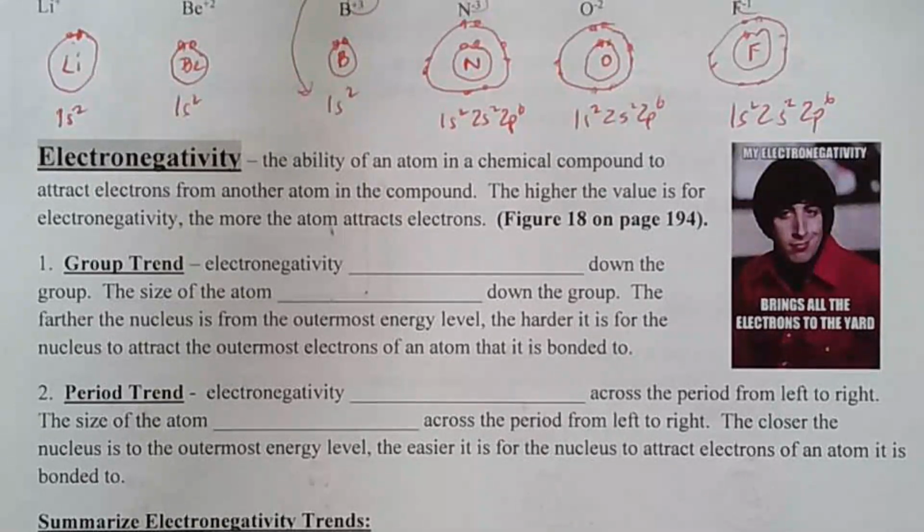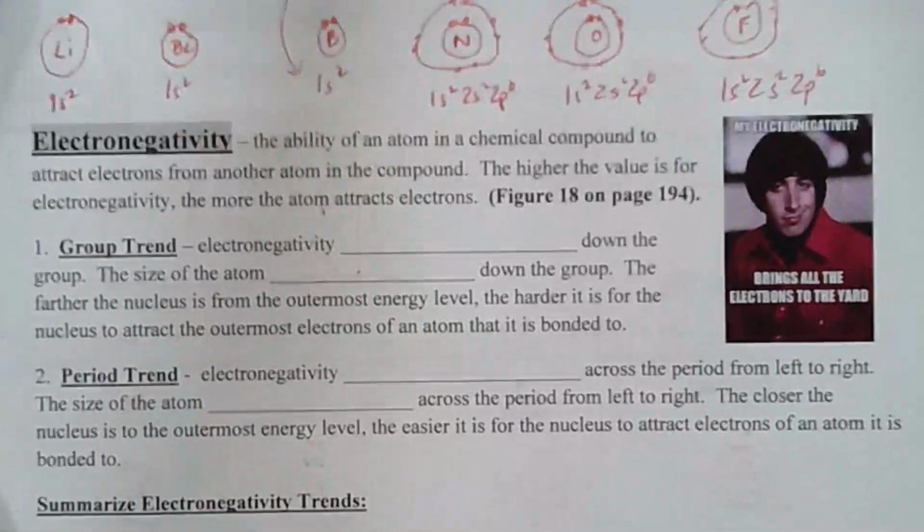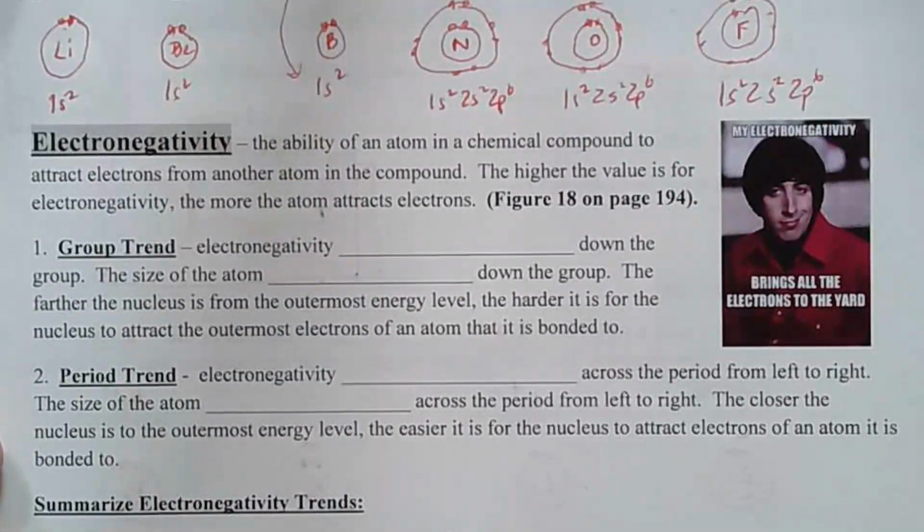The higher the value for the electronegativity, the more the atom will be able to attract and influence the electrons of another atom. And again, this comes down to understanding, and as I've harped and mentioned many times in class when you're working on that POGIL activity, it all comes down to the force of attraction between the nucleus and its outermost electrons.